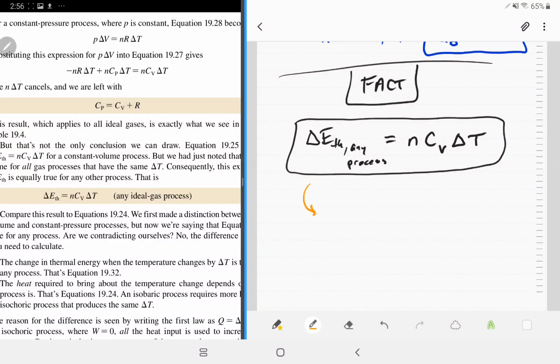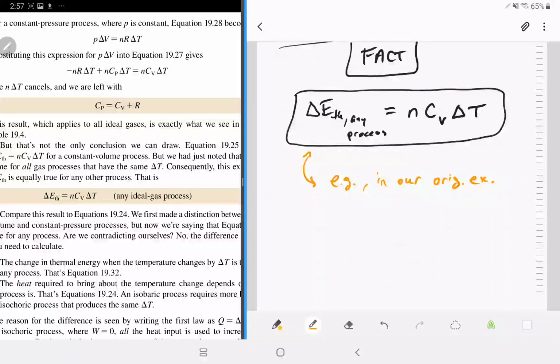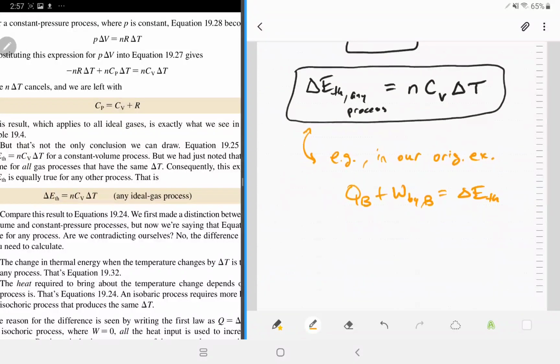So in that isobaric one, let me just mention one thing. For example, in our original example, Q_B plus the work done by the gas in process B was equal to delta E thermal. So that was 50 joules.